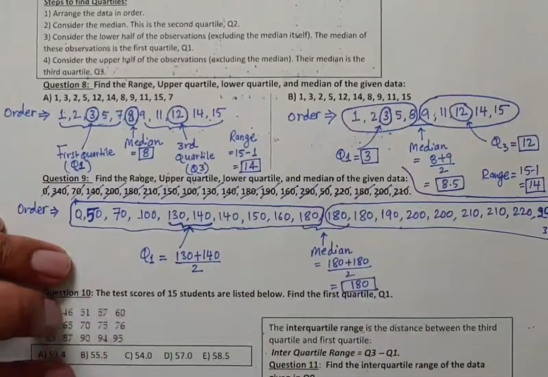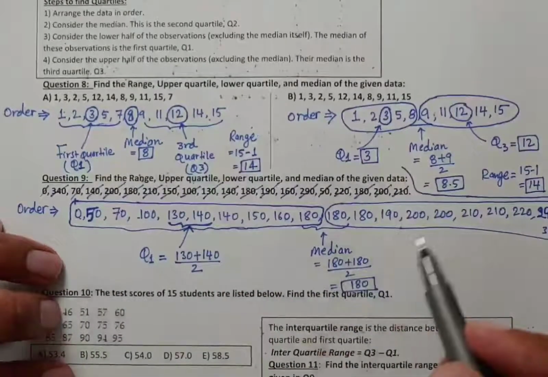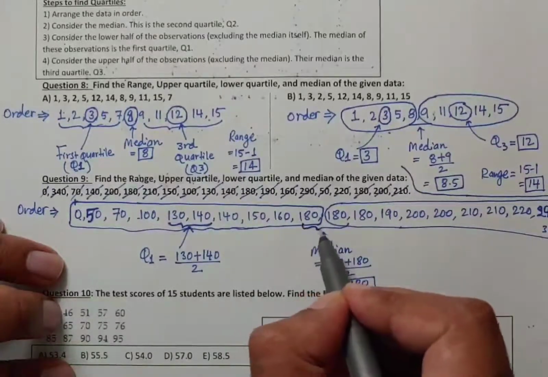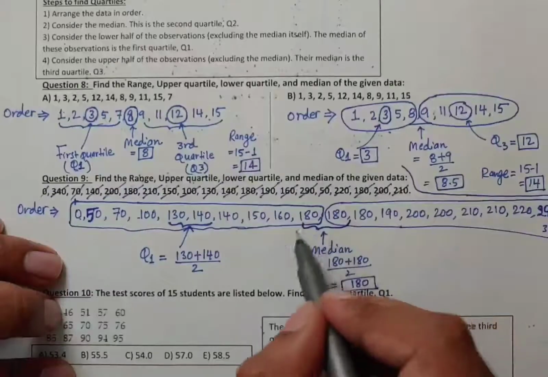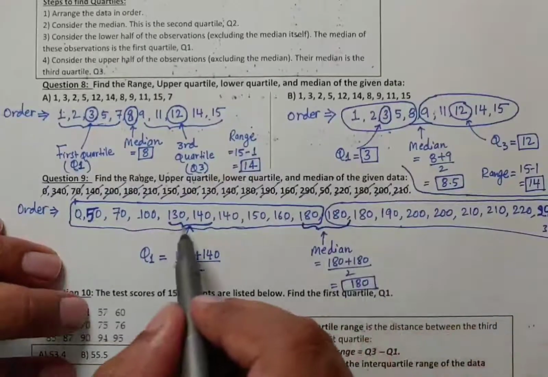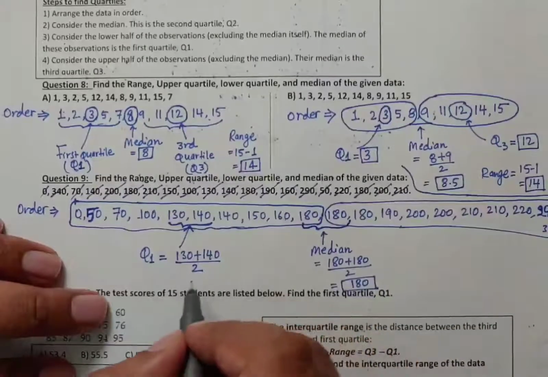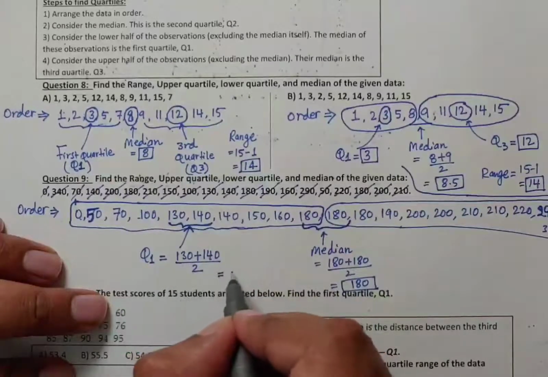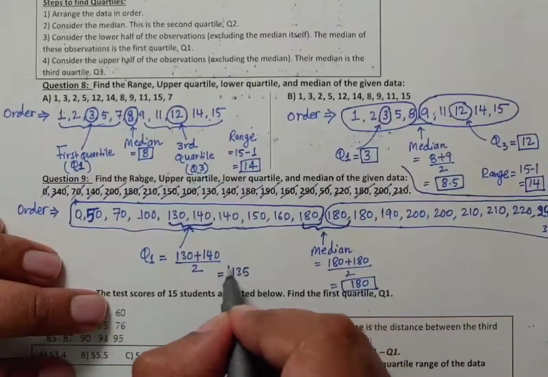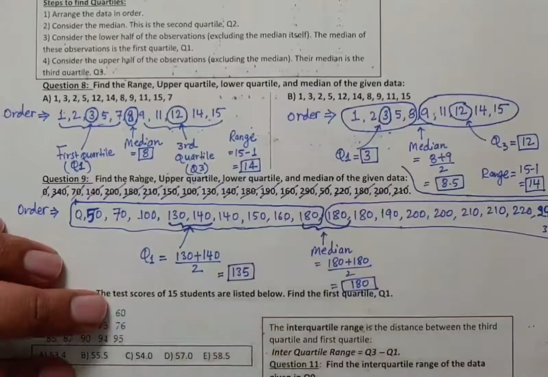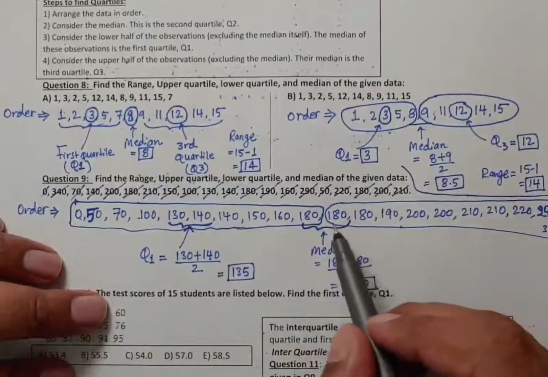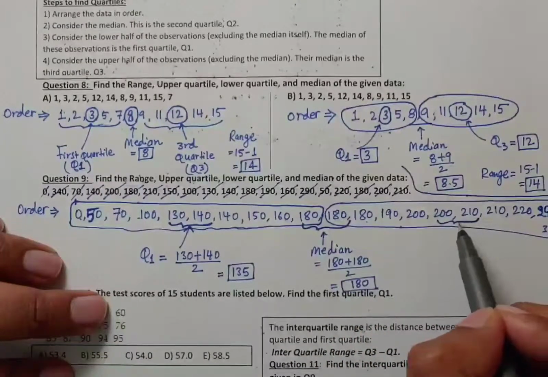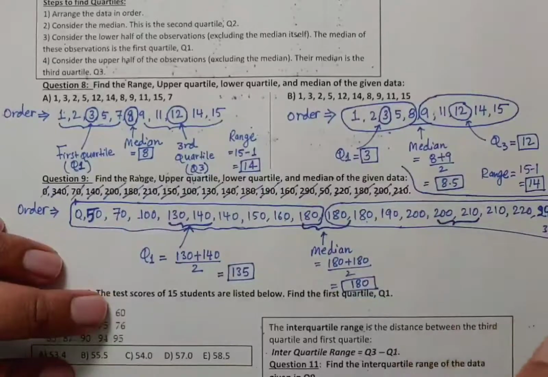The rule is the same: just like you find the median, if you have two numbers in the middle, you add them and divide by 2. You do the same thing for the quartile. So this is 270 divided by 2, which is 135. This is the first quartile. Here, 1, 2, 3, 4, 5 and 6, so these two are in the middle.